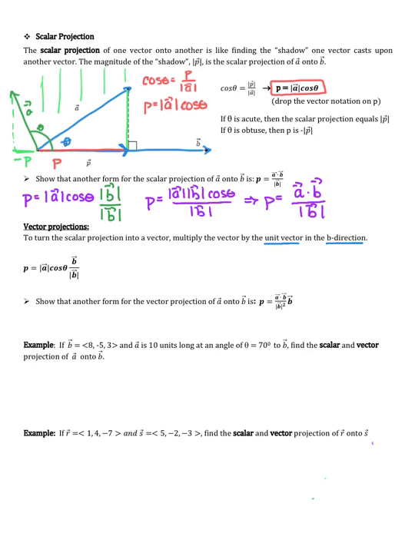So this is basically what it would look like. This initial part, remember, here's our adjacent: the hypotenuse times the cosine of theta multiplied by our unit vector, okay?